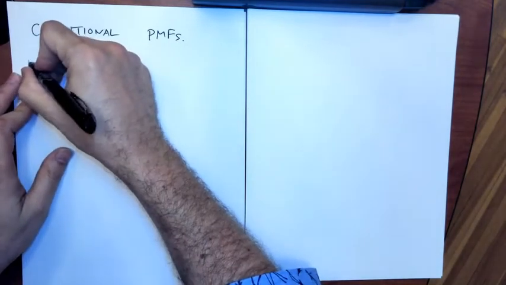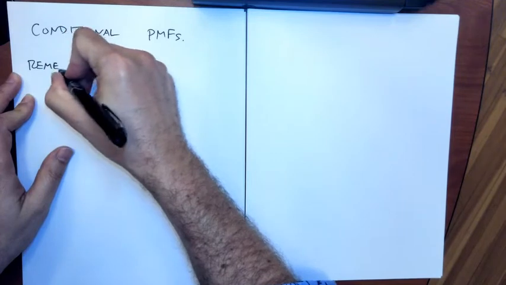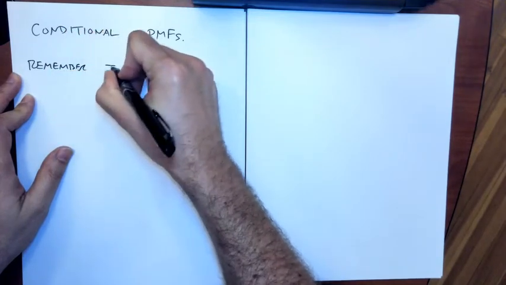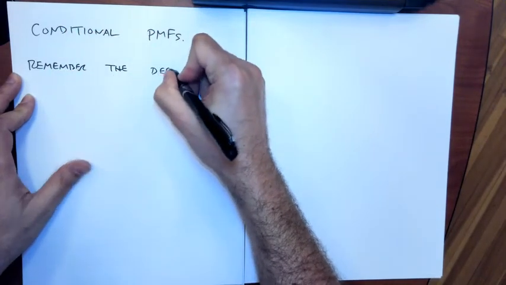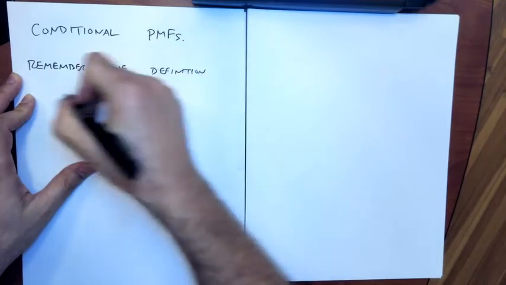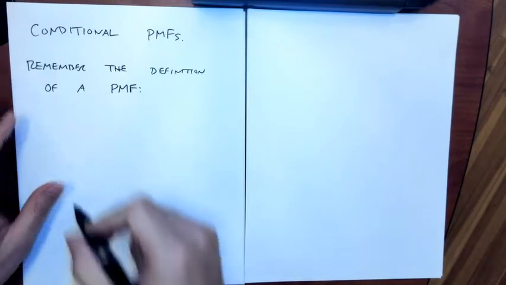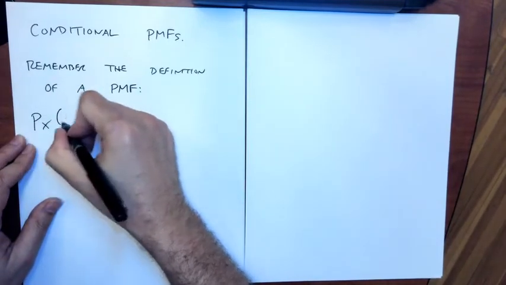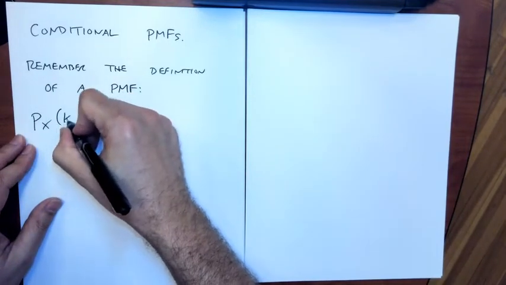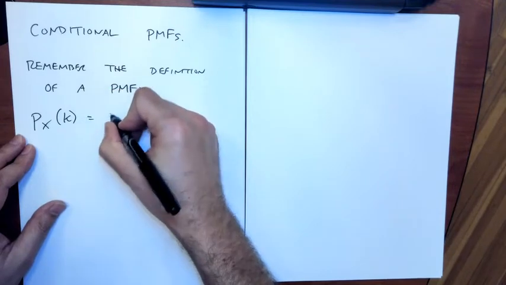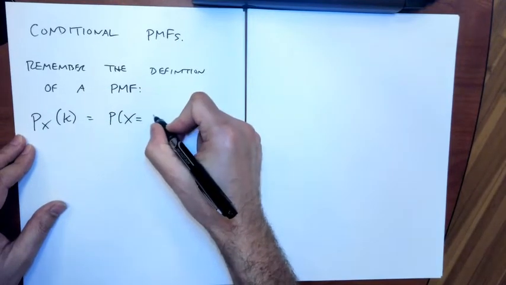So let's remember what we called a probability mass function. Remember the definition of a probability mass function. It's basically the probability that x takes on a certain value.